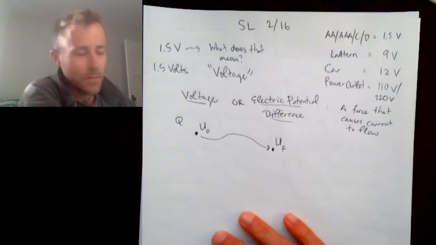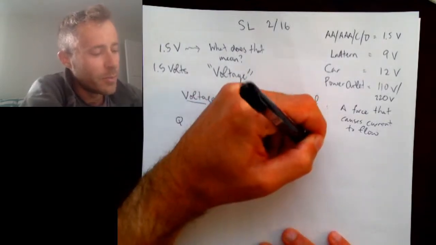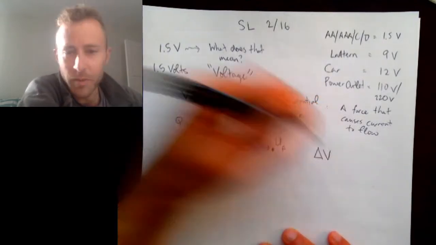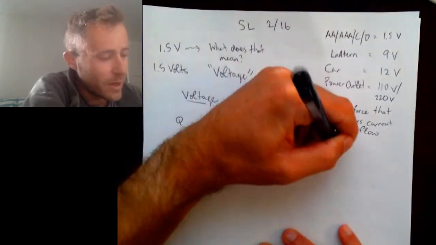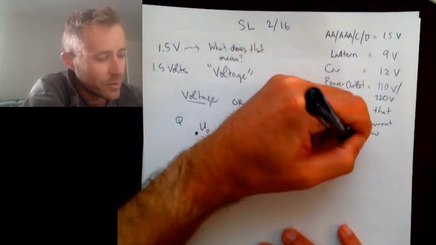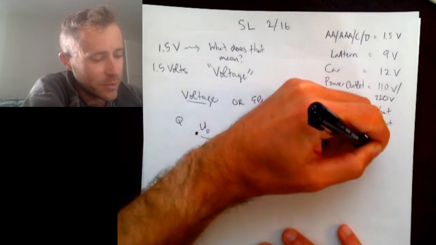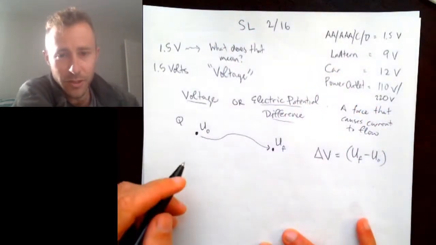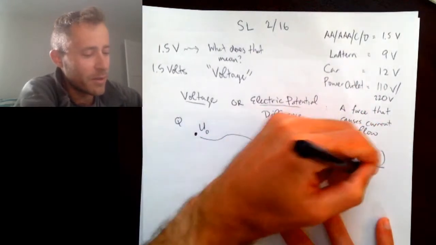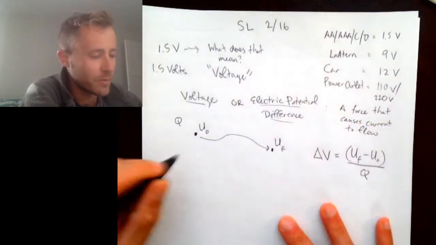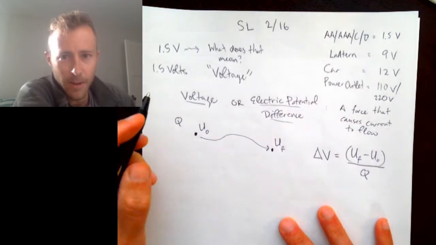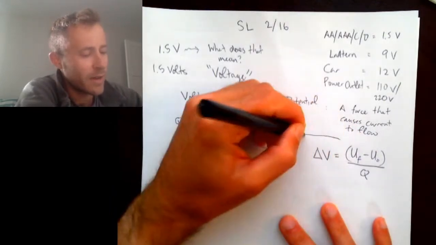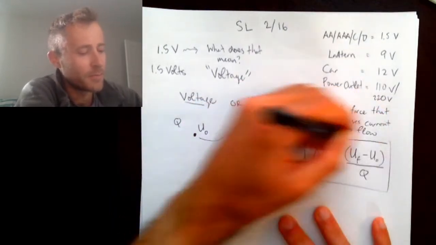Then the potential difference is denoted by delta V, and it is equal to U final minus U initial. So the difference in potential energy divided by the amount of charge that moved.